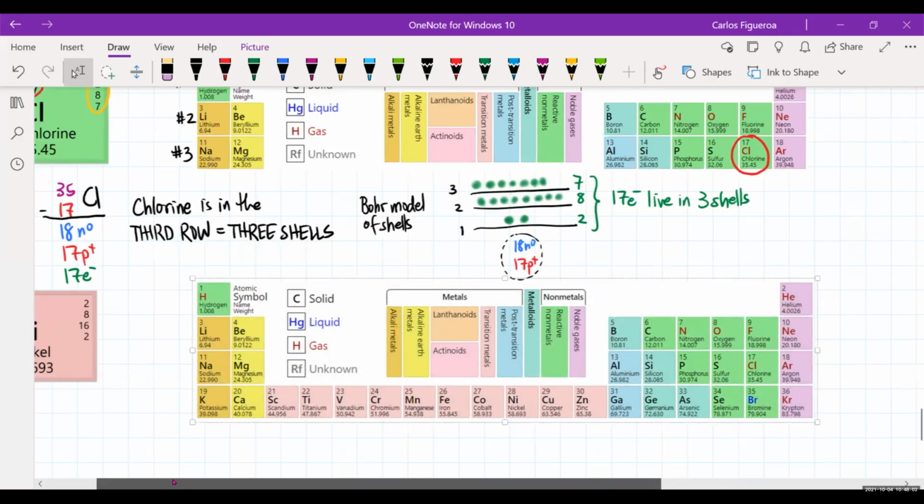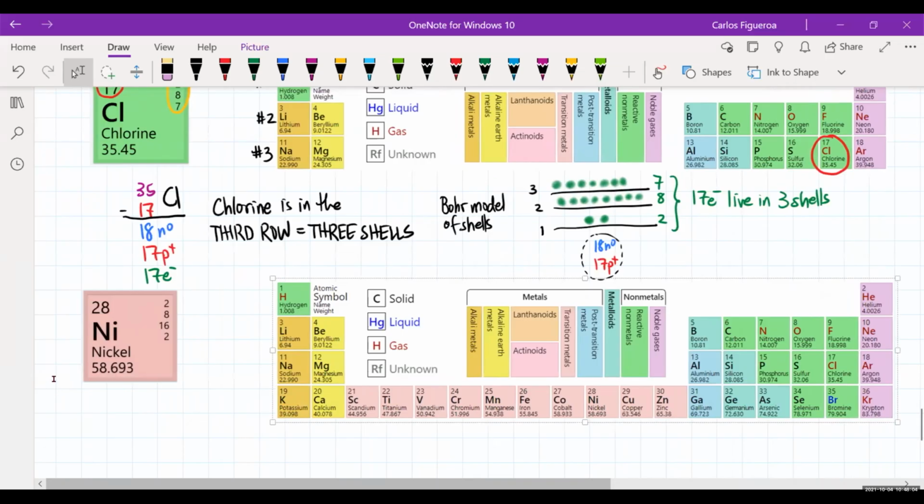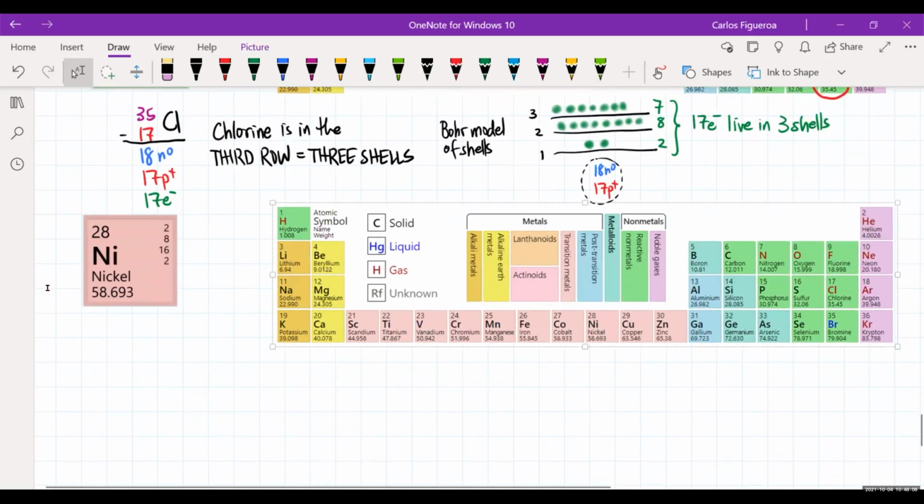So let's go look at chlorine. Oh, excuse me, not chlorine, nickel. Let's look at nickel. So here we go. What do I focus on? I focus on 28. I look for atom 28. So when I come over here, this is the atom. So let's calculate this very quickly here.